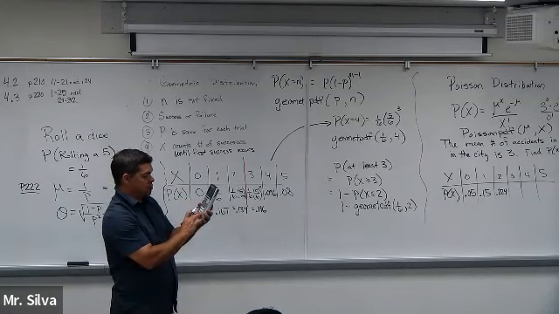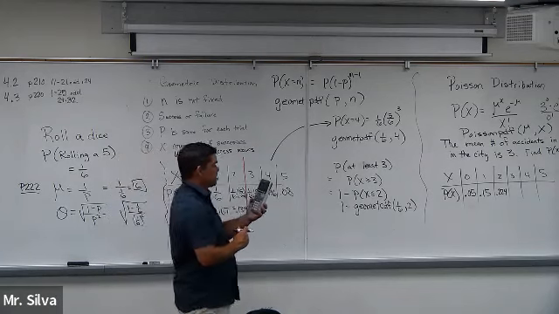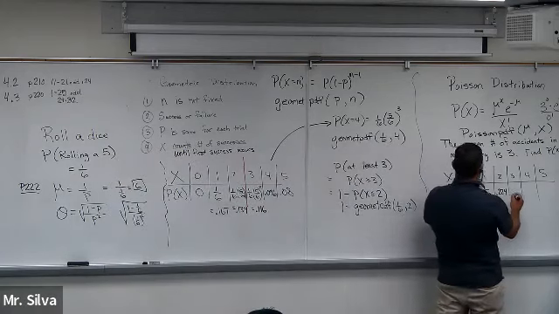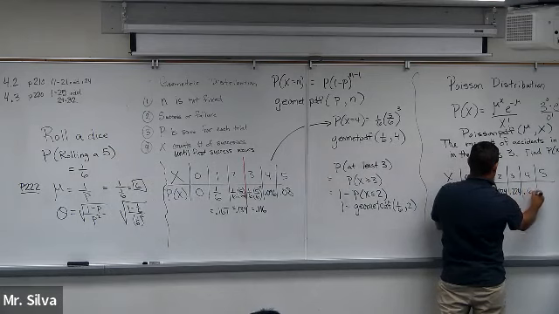Mu is 3. The mean is fixed. 3 comma list 1. 0.04979, 0.14936, 0.224, 0.224. That's interesting. 0.168, 0.10.